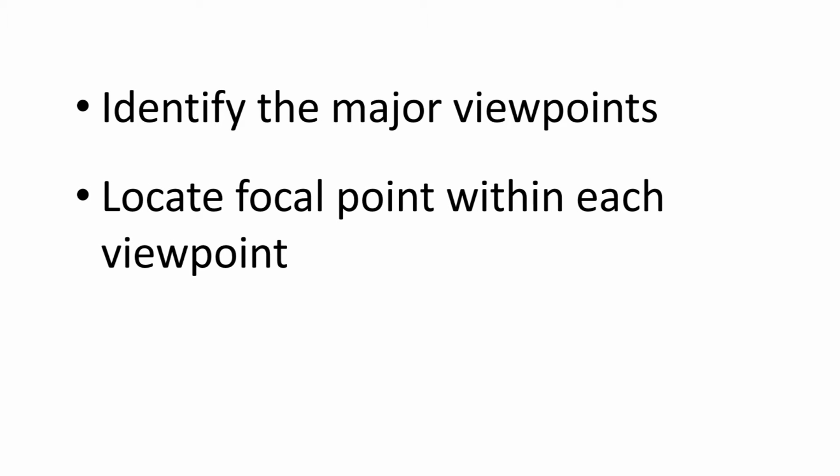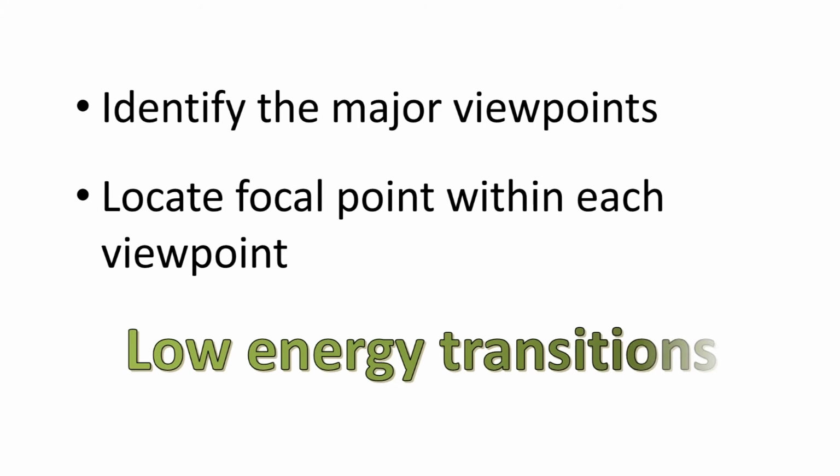Try to keep focal points from different major viewpoints far enough apart so that they don't fight with each other, and have low energy gradual sequence spaces in between to move the eye where you want it between those viewpoints, perhaps directing it towards those secondary focal points, but again you can't have too much going on in any one view.